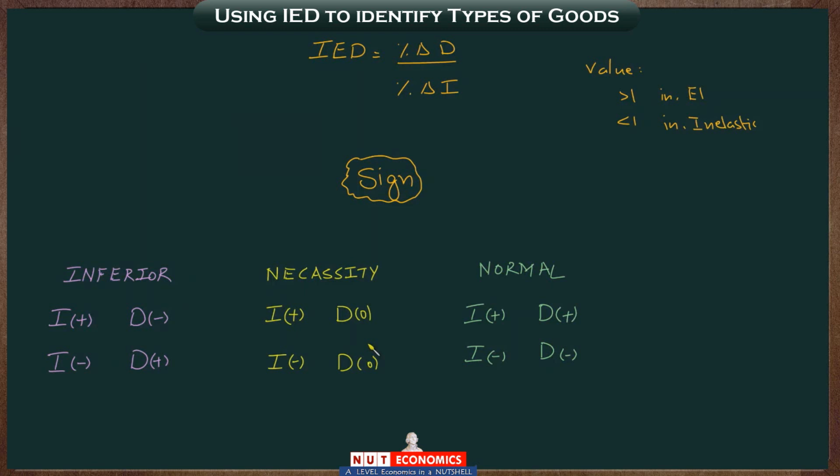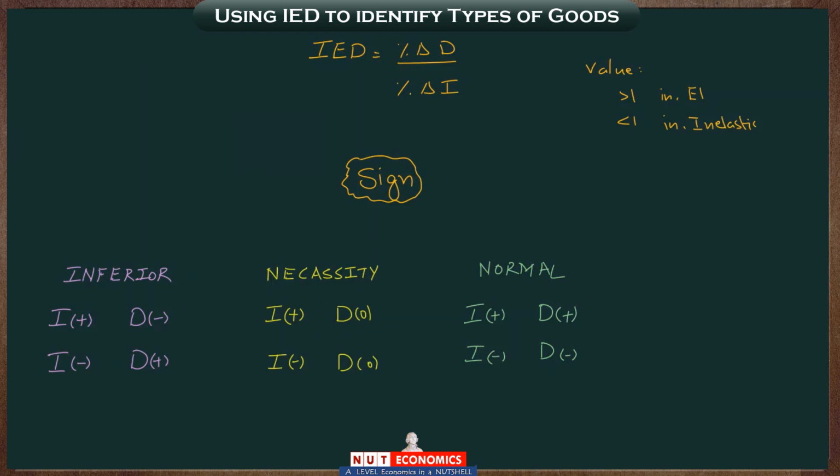Now again, remember, we are just developing a theoretical way of thinking about these things. Maybe there is a little bit of change in demand when incomes of consumers of necessities change, but it's a theoretical way of building up something important that we'll get to. So as far as necessities are concerned, as far as A level is concerned, remember, when incomes increase, the demand does not change at all.